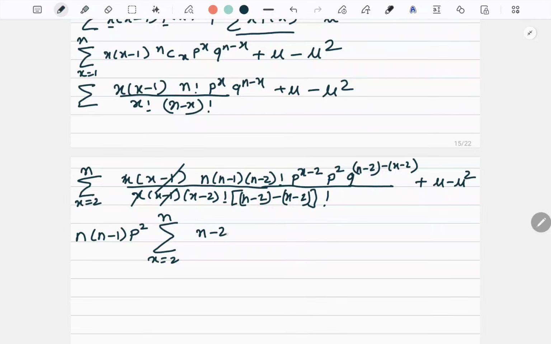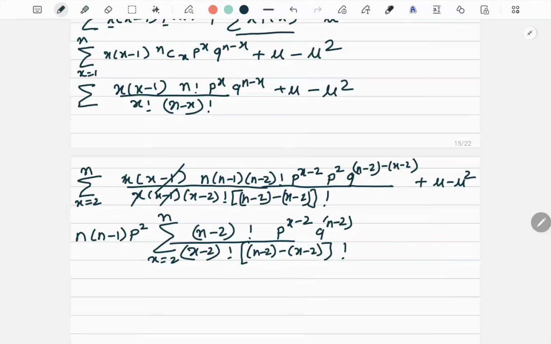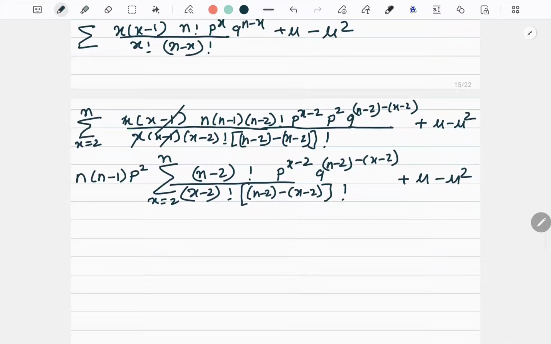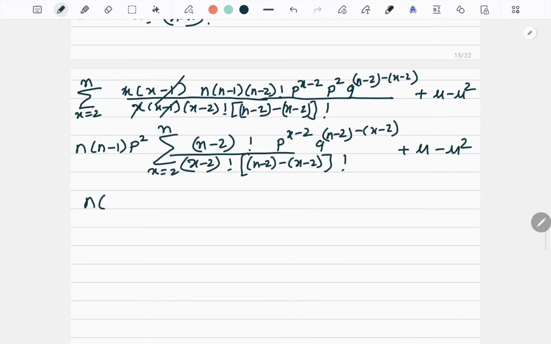Now, n minus 2 factorial upon x minus 2 factorial, n minus 2 minus x minus 2 factorial, p to the power x minus 2, q to the power n minus 2 minus x minus 2, plus mu minus mu square. Next step, n into n minus 1 p square. What is this?